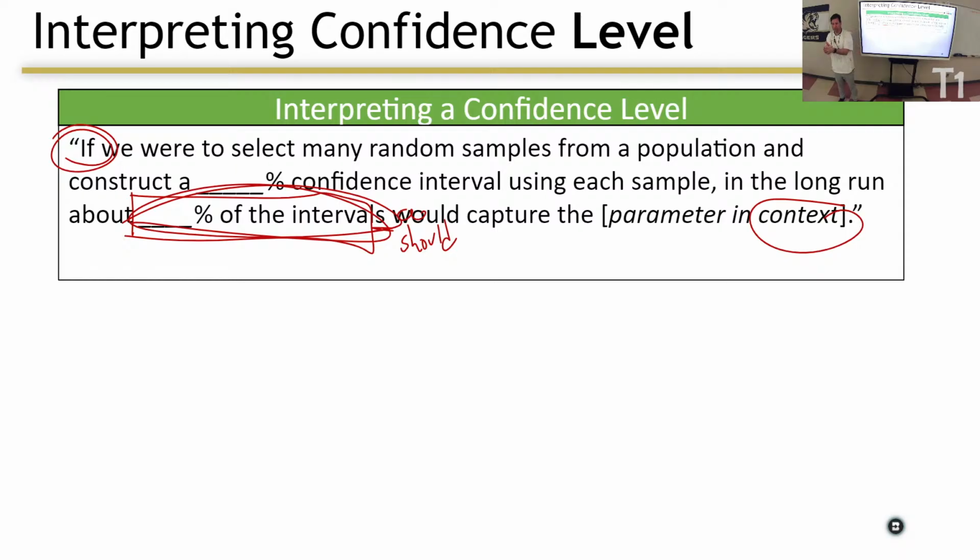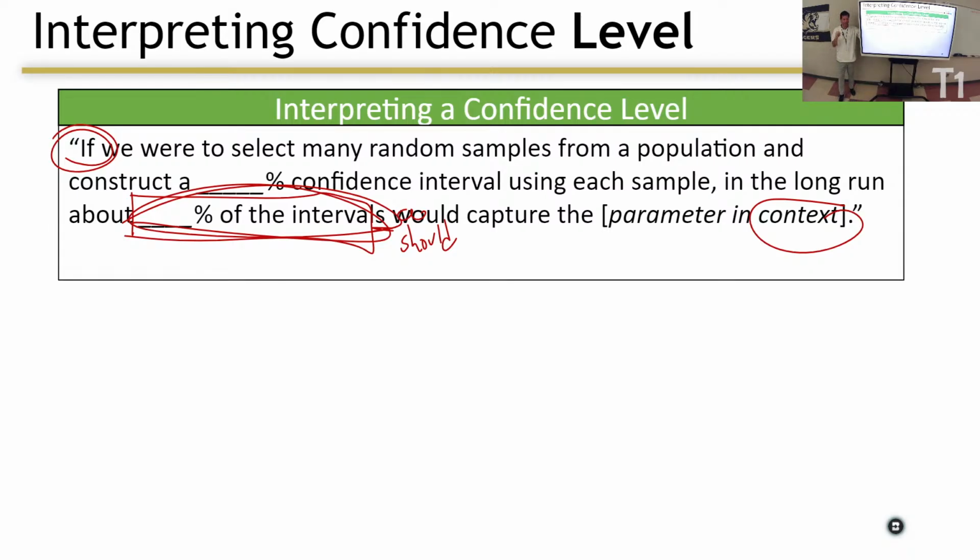You yourself, you're either in or you're not in. One confidence interval captured it or it didn't capture it. However, if I have 100 confidence intervals, like 100 students that apply for that college, 20% of those will get in, and 95% of these will capture the true population proportion or mean or whatever it is. Okay? Getting those two, that's hard.